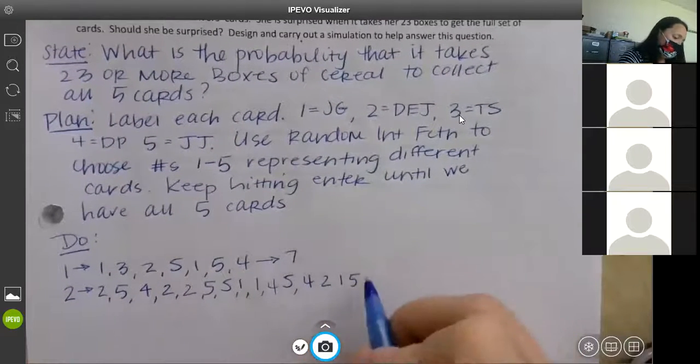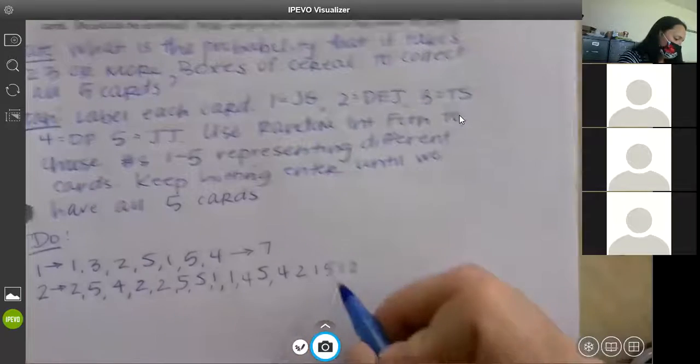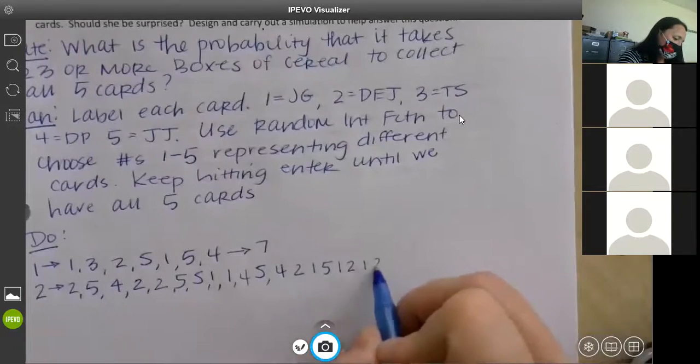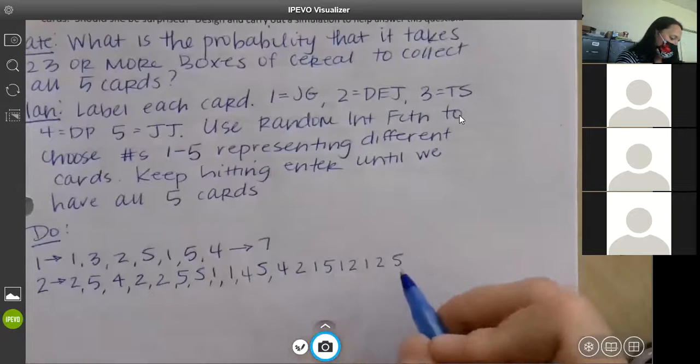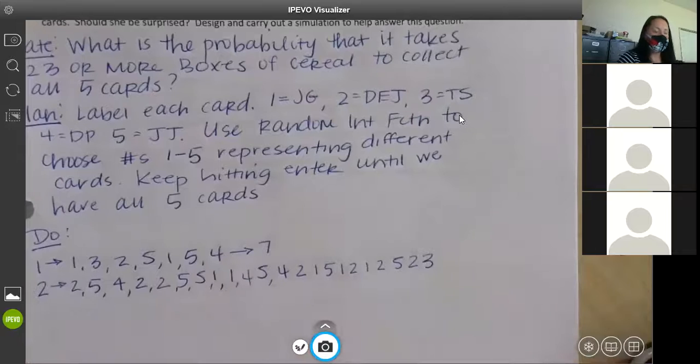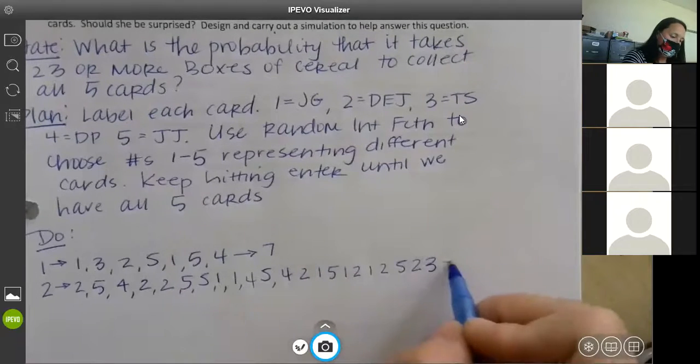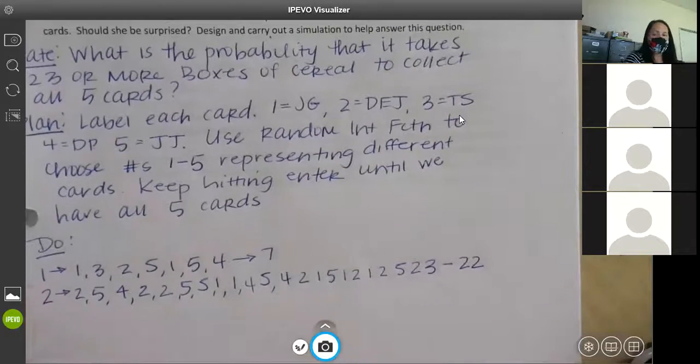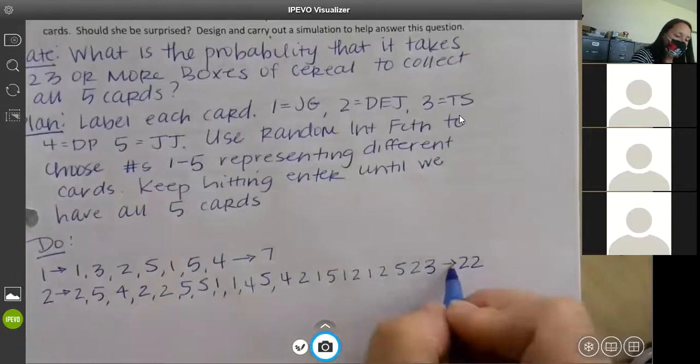This is the longest I've ever had to do this. 2, 1, 2, 5. Where is the 3? There it is. So how many times? 1, 2, 3, 4, 5, 6, 7, 8, 9, 10, 11, 12, 13, 14, 15, 16, 17, 18, 19, 20, 21, 22. 22 times.